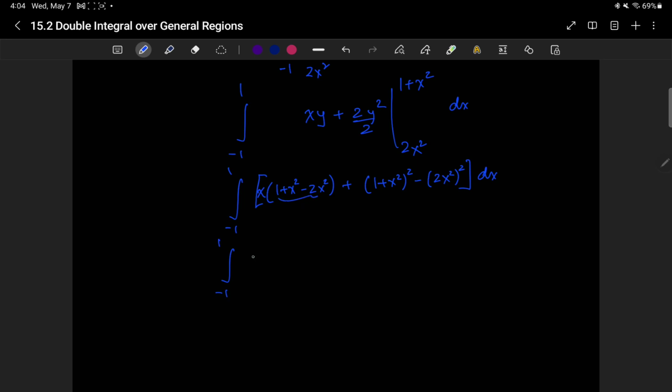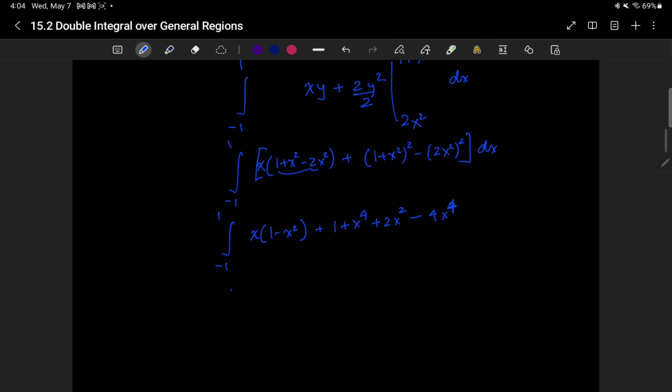That's 1 minus x squared, so you get x times (1 minus x squared) plus, FOIL it out, you get 1 plus x to the 4 plus 2x squared minus 4x to the 4. FOIL out one more time, you get x minus x cubed plus 1, x to the 4 minus 4x to the 4 becomes negative 3x to the 4, and then a 2x squared dx, which is just a polynomial.